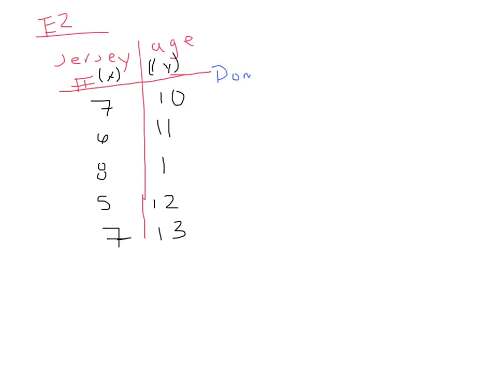All right, you should have had the domain would have been 5, 6, 7, and 8. Okay, and we should have had a range. The range would have been 1, 10, 11, 12, and 13. Remember, this is not a line graph, so we don't draw it with inequalities. We just write out the domain and the range.